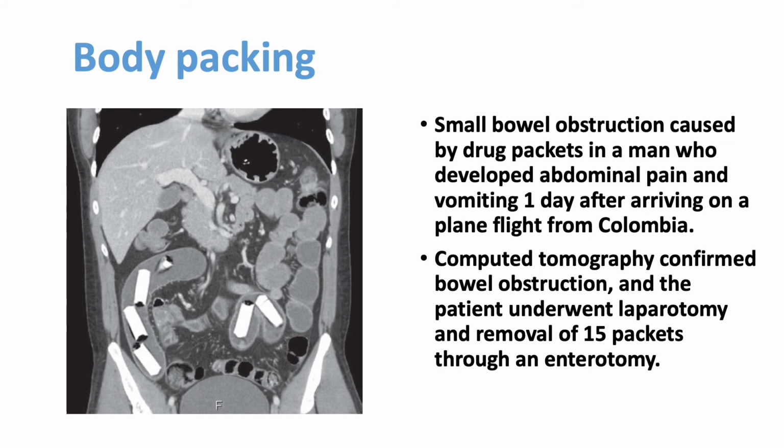If the pain is severe, X-ray does not reveal anything, we may go for CT scan. Here the CT is taken. You can see bowel obstruction is there, and the patient underwent laparotomy because of this bowel obstruction and removed 15 packets of some unknown material from the stomach, intestine. That has created bowel obstruction.